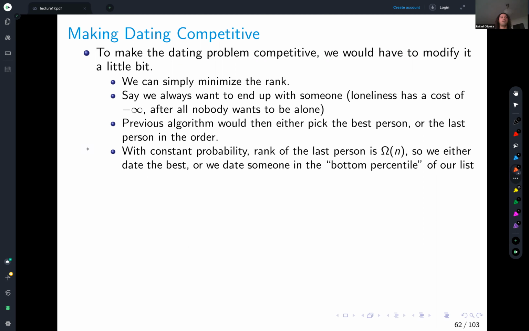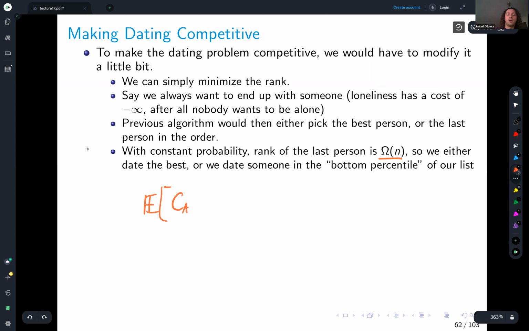Why am I saying this? Because now we're in the randomized setting, the randomized competitive analysis. If we get with constant probability a person of rank omega n, then we have a lower bound on the competitiveness of our algorithm. What is the expected cost of our algorithm?